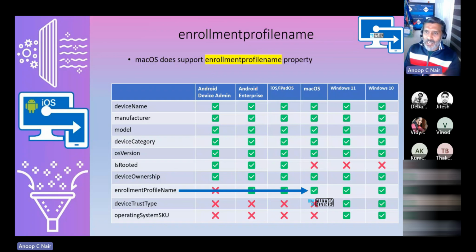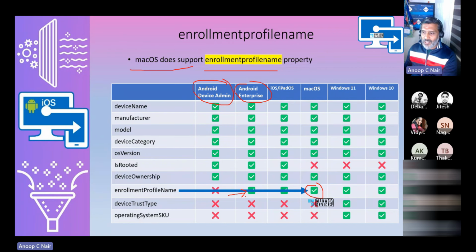So this is a slide where you can see a quick overview, and this is again a clarification. Mac OS also supports enrollment profile name property. So this is a very high level overview of the properties supported by each device platform. You can see there are some differences between Android Enterprise and Android Device Admin on this particular scenario.